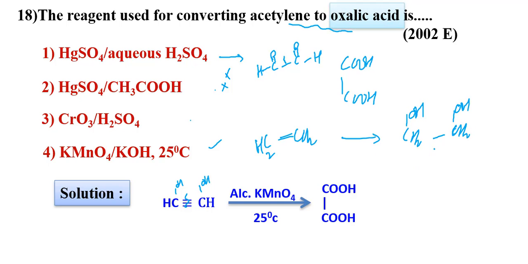Okay, so alkyne is there, so one more pi bond is there, so 2 times OH. Then the aldehyde will form initially. The aldehyde in the presence of KMnO4 immediately gets oxidized, forming oxalic acid.